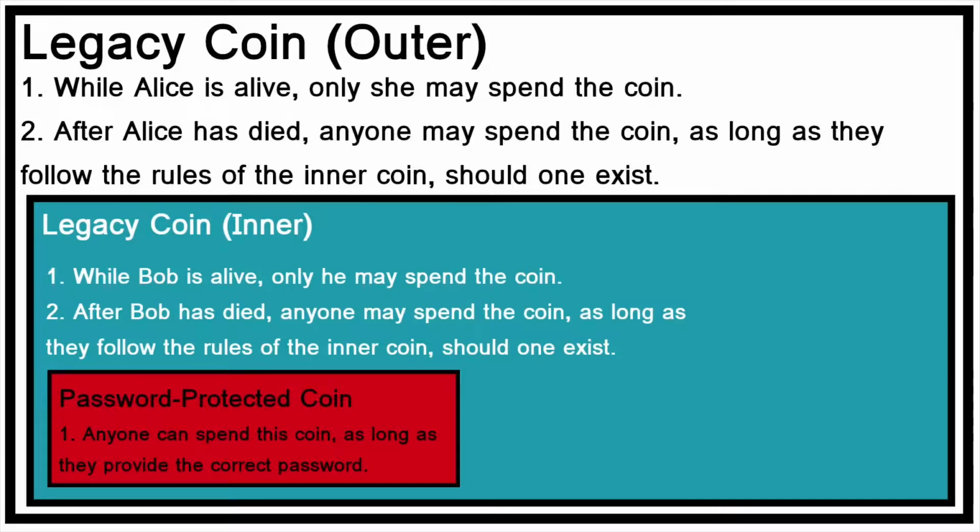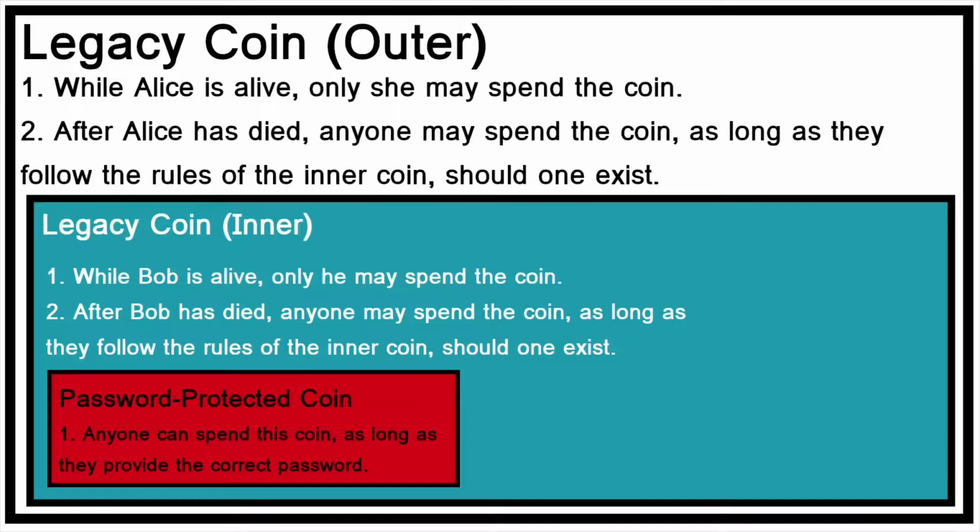But the charity, maybe she doesn't quite trust them fully, so she creates a password and she gives the password to a couple of members of the charity, and then they can spend the coin once both Alice and Bob have died.